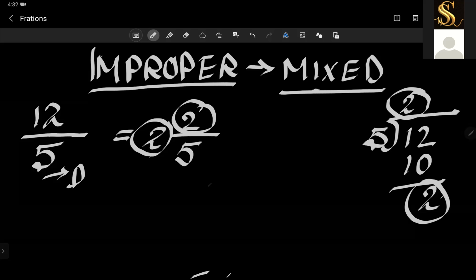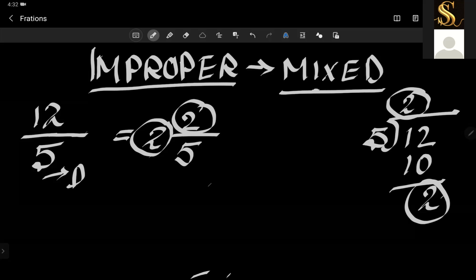Now add the product with the numerator. Plus 3. So now whatever the product you get at last, which in this case will be 13, take it as a numerator and take the same denominator here. So this will be our improper fraction.